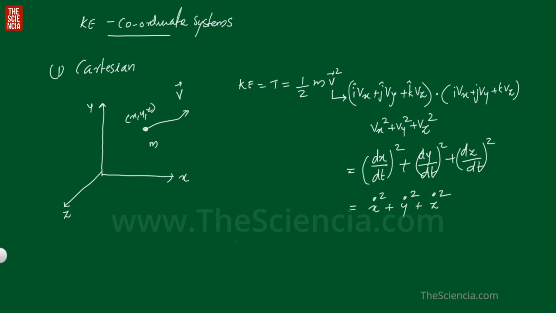So we get the kinetic energy equal to half m into v square, that is x dot square plus y dot square plus z dot square. This is the kinetic energy in Cartesian coordinate system. Then what will be the kinetic energy in cylindrical coordinates, that is rho, theta, z?